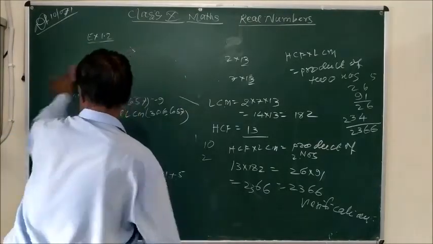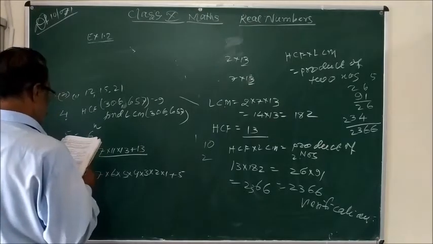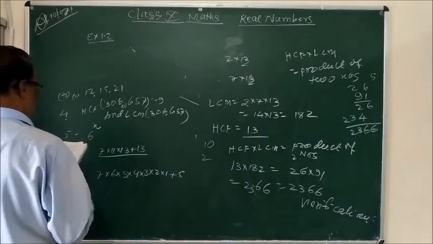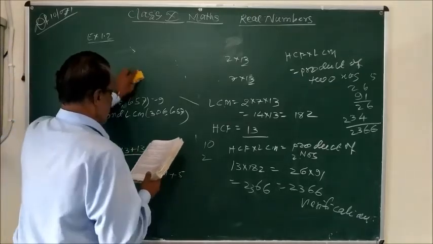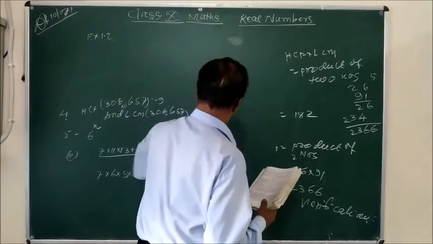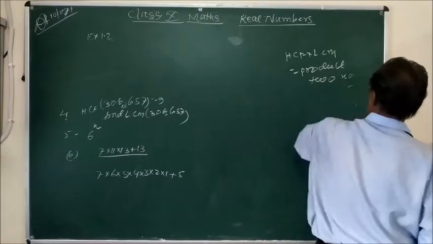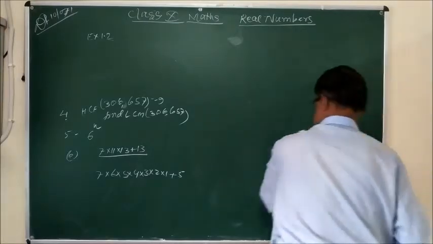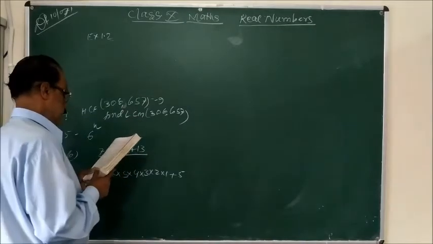Now you see question number 3. What is question number 3? Find the HCF and LCM by prime factorization. I have already solved it, so no need to solve it again. Don't use Euclid's division lemma because it has been removed from the syllabus for the coming examination.